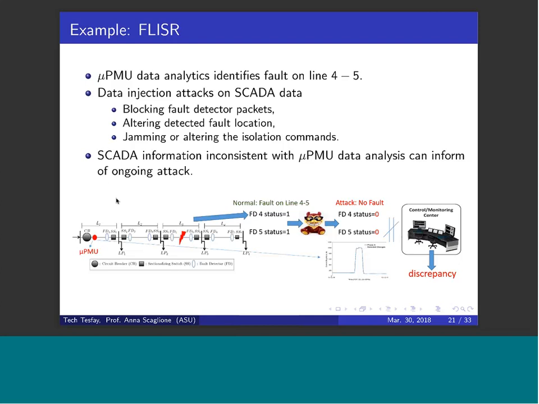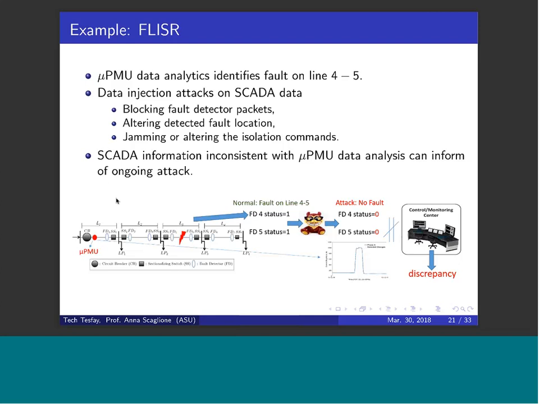Now, of course, the fault detector is not causing the overcurrent. Here, the point is that the monitoring center, the supervisory control, was spoofed and doesn't have the correct status of the fault detectors, because the surge in current should have resulted in a fault detector being raised, and instead the control center doesn't see it.